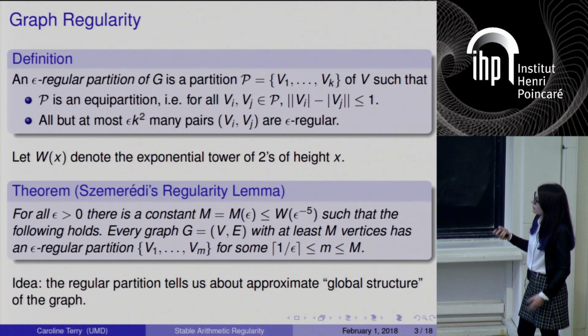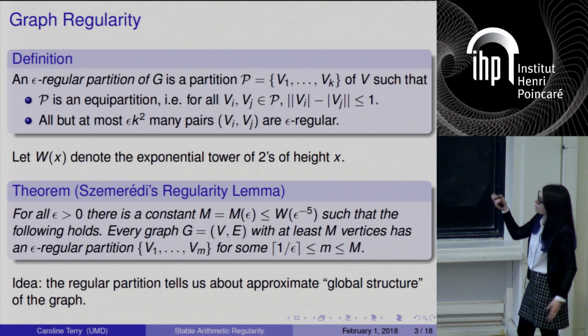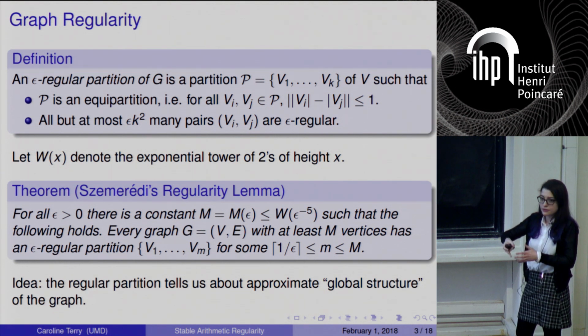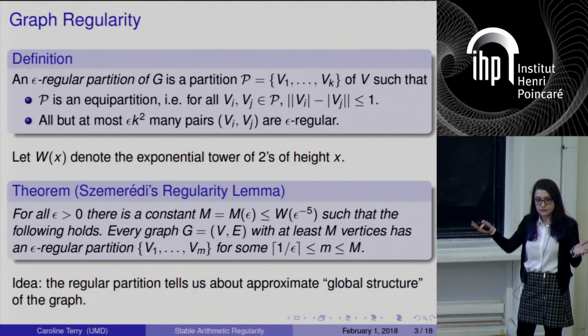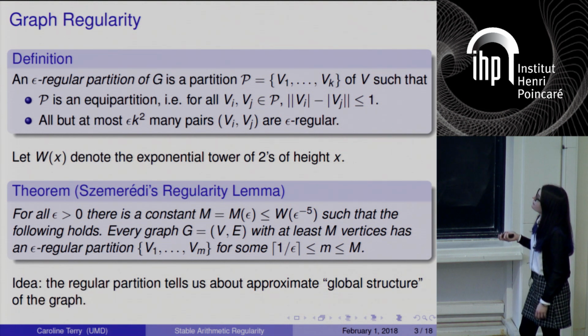So one way to think of this is that the regular partition is telling you about the approximate global structure of the graph when the graph is really huge compared to the size of the partition.